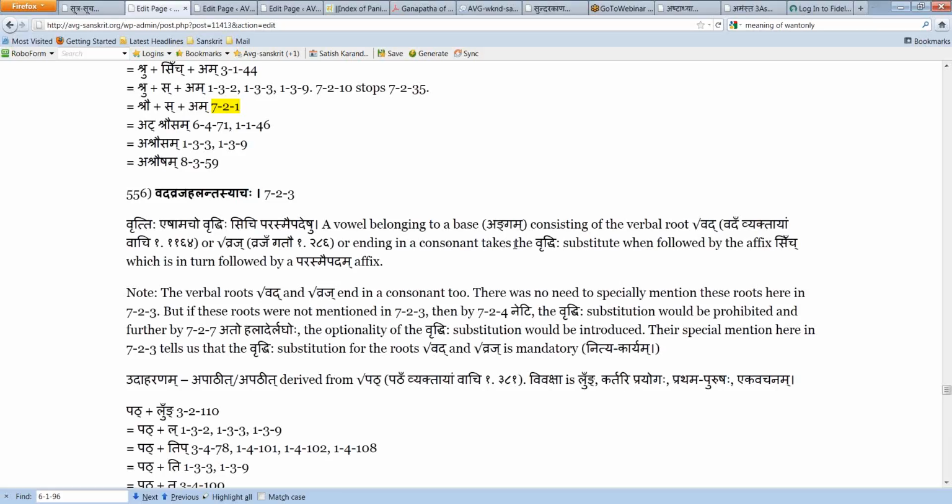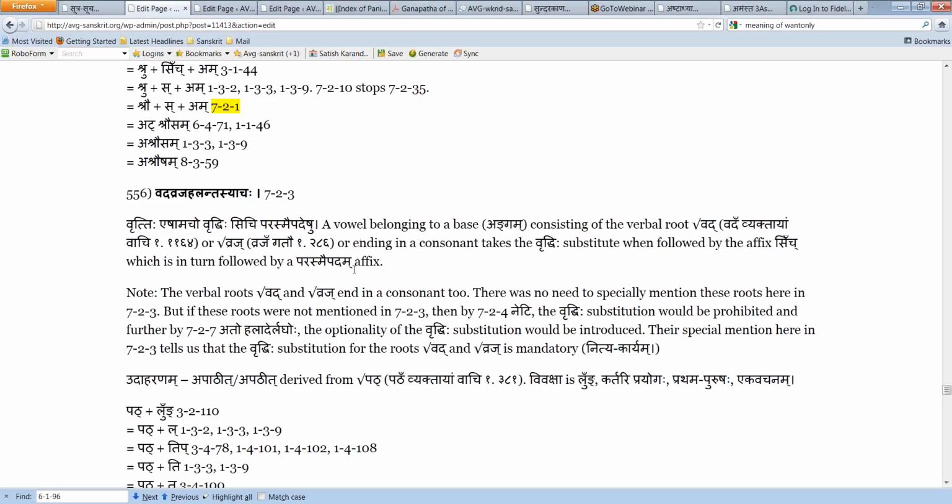Now a small note: why do we need to mention vada and vraja? They are also halanta dhatus. Then what is the prayojanam or the vishesha vidhanam? Why does Panini specifically include vada and vraja, even though they also end in a hal? Panini has already said halantasya.